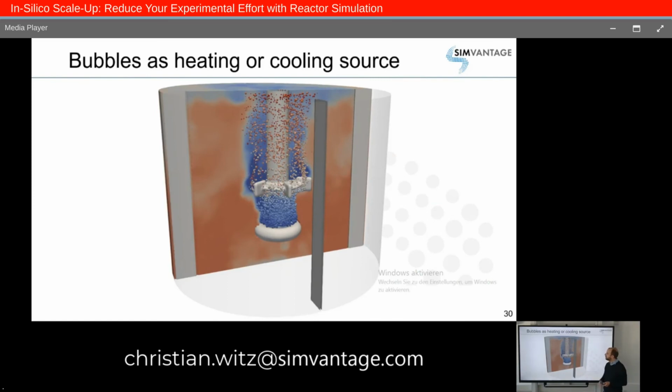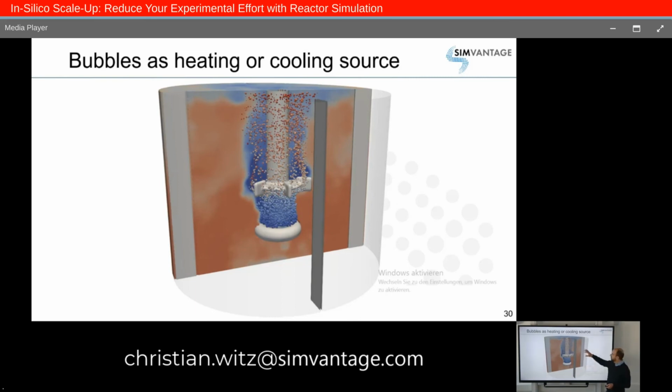And the last source of heating or cooling in this example is that the bubbles, or the compressed air which is pressed into the gas sparger, can have a different temperature than the surrounding liquid, and therefore we can also simulate the temperature of the bubbles.